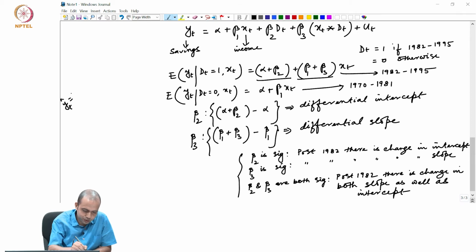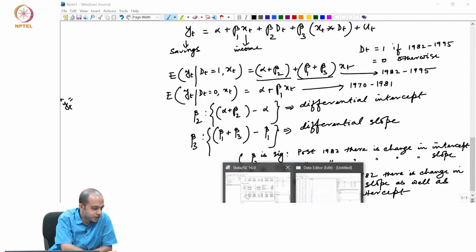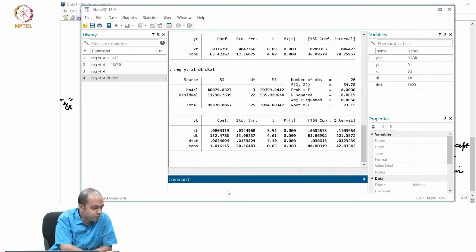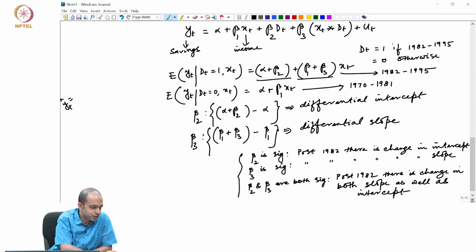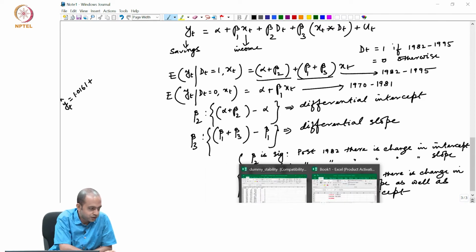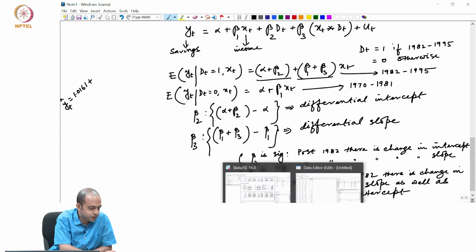YT hat equals, what is the intercept? 1.0161, okay. 1.0161 plus, what is the value of the slope?